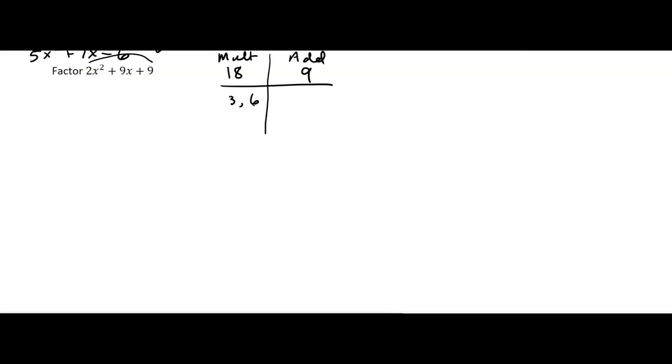Okay. Keep your first term, 2x squared. Now this 9x in the middle, that's what's splitting up. You're going to have a 3x, and you're going to have a 6x. Now you might be asking, well, does it matter if I put the 6x first and then the 3x, or the 3x and then the 6x? It doesn't matter. Okay. And then you have a 9 at the back.